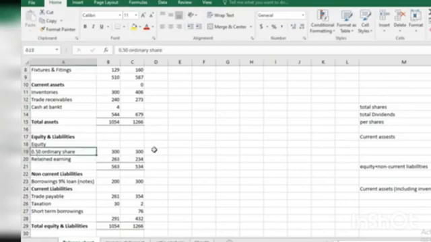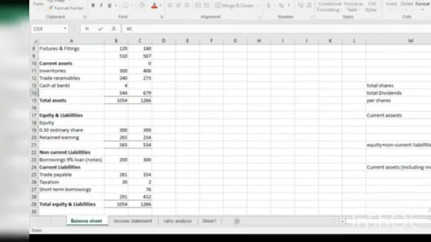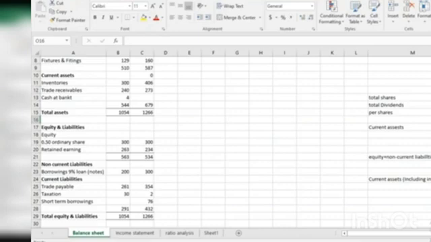So we have to divide 300 by 0.50, which gives 600. So we have to divide 40 by 600, because we take the total dividend divided by the number of shares. The answer is 0.06667.